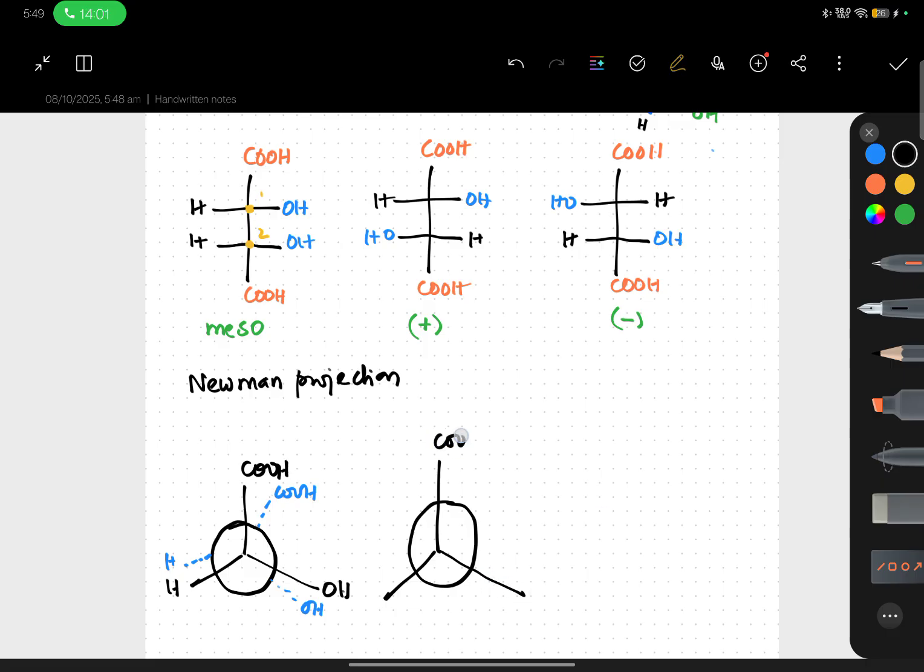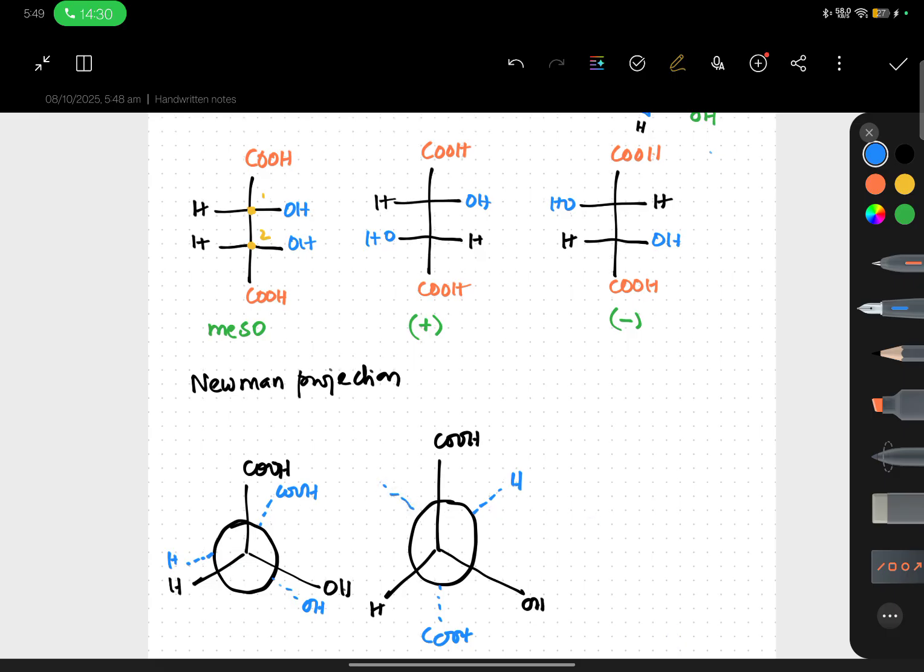So the second one also you can write. So you can see the COOH is on the top while the COOH is on the bottom, right? So you can write the other one like this. So opposite of H you have another H. Opposite of OH you have another OH. So this is another form. The above one can also be written like that.